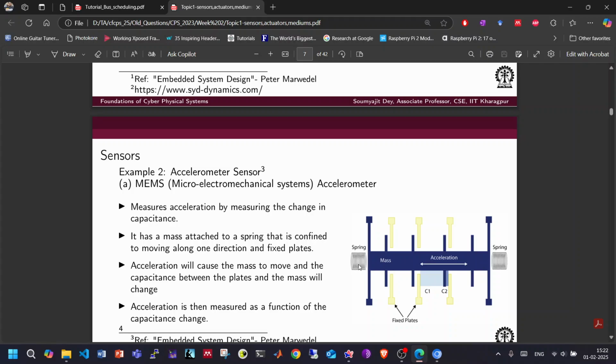And if we are using piezoelectric or piezoresistive materials to make such MEMS units, those are used in the spring.